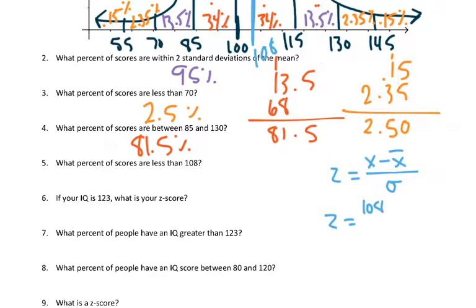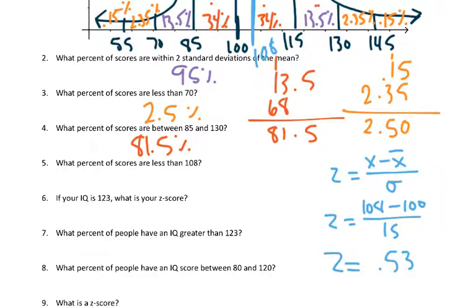Our mean was 100. Standard deviation was 15. So I type into a calculator 108 minus 100 divided by 15. That gives me a z-score of 0.53333333, which we round to the nearest hundredth, so it's 0.53. Okay, but that's not our answer.